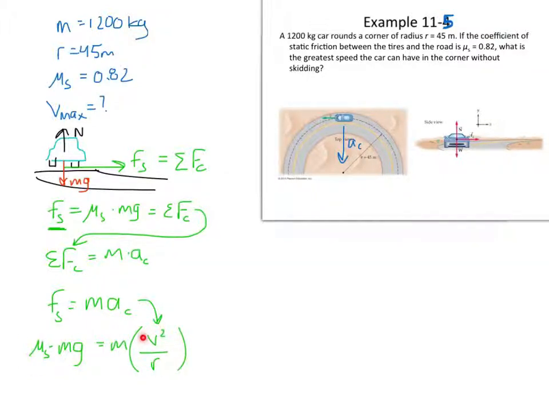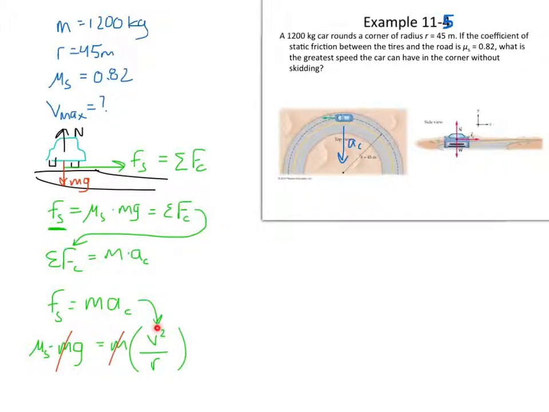It really doesn't matter what the mass of this car is, because you're going to see these masses cancel out. In many cases the mass matters, but here the force directed towards the center is a function of the mass of the car, and the centripetal acceleration is too, so those masses cancel out.